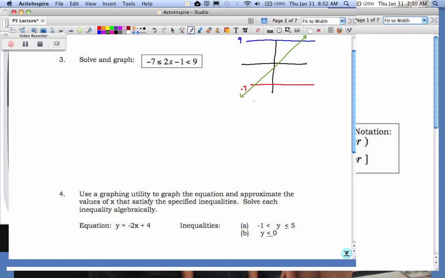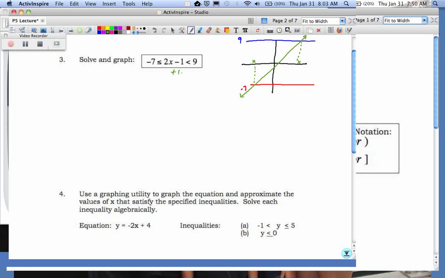So what they're asking you for is where this green line is between the red and the blue line. Your linear is above the red line from this x, and it's below the blue line from this x, and so you want to find the 2 x values for which the green line is between the red and the blue line. That's ultimately what they're asking.